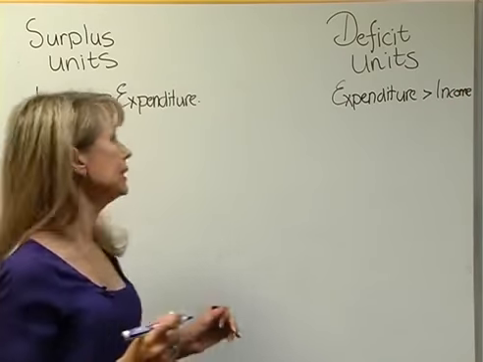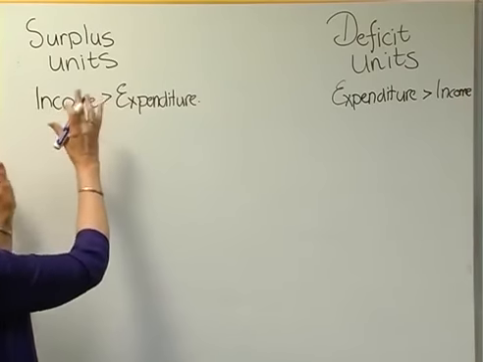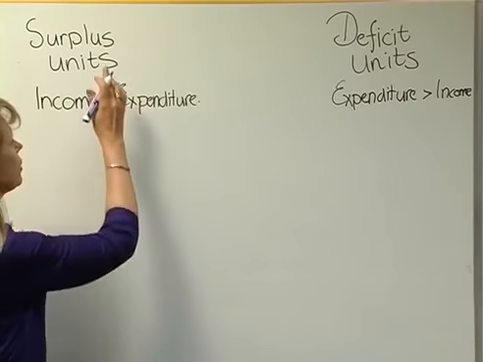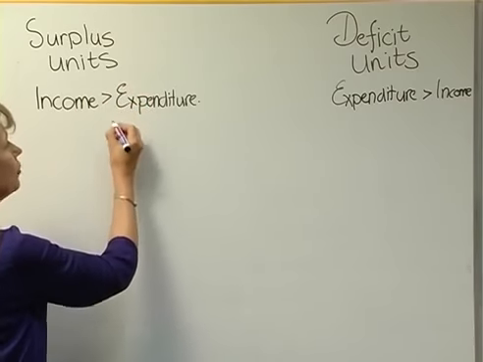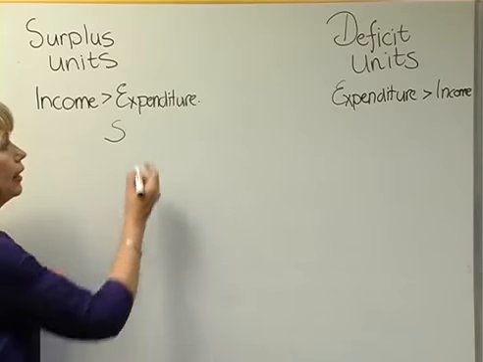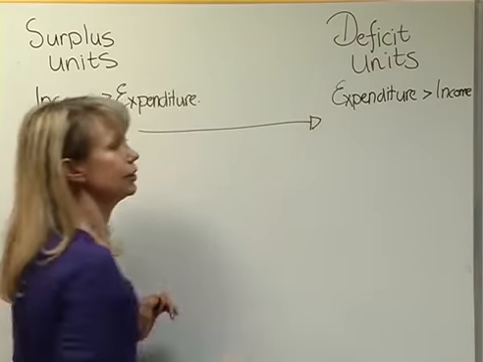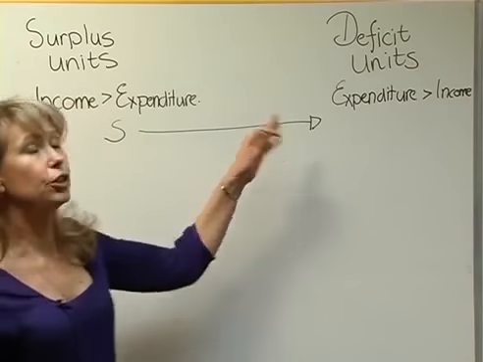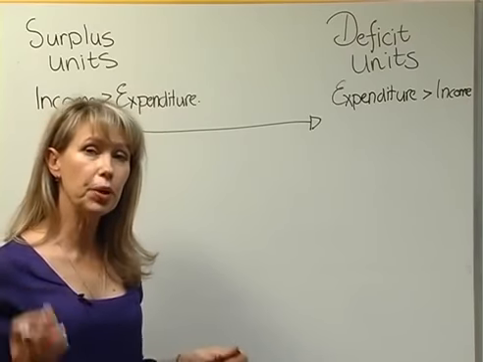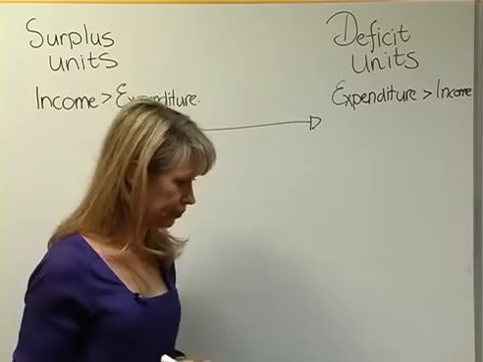So we can see that this extra income that's available from the surplus units, usually in the form of savings, will be helpful if it can be transferred to the deficit units so that they can use those funds. That is the purpose of the financial system.